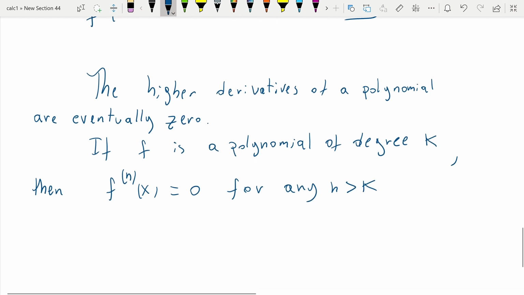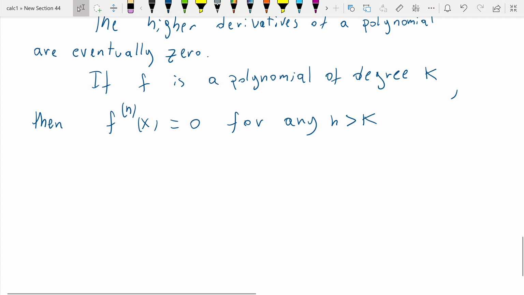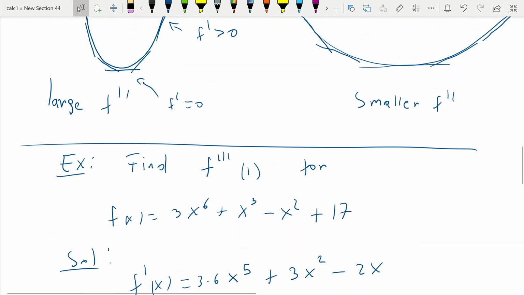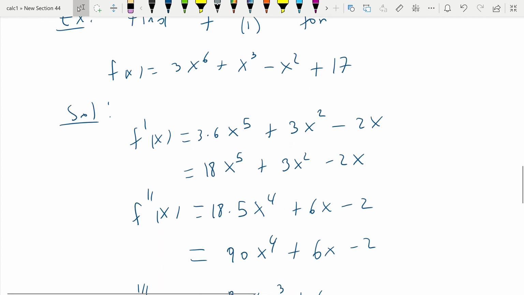So if the degree is 1, so you have x plus 3, if you differentiate that twice, then you get 0. For the previous example, when we started with a polynomial of degree 6, we will need to differentiate this 7 times to get 0.